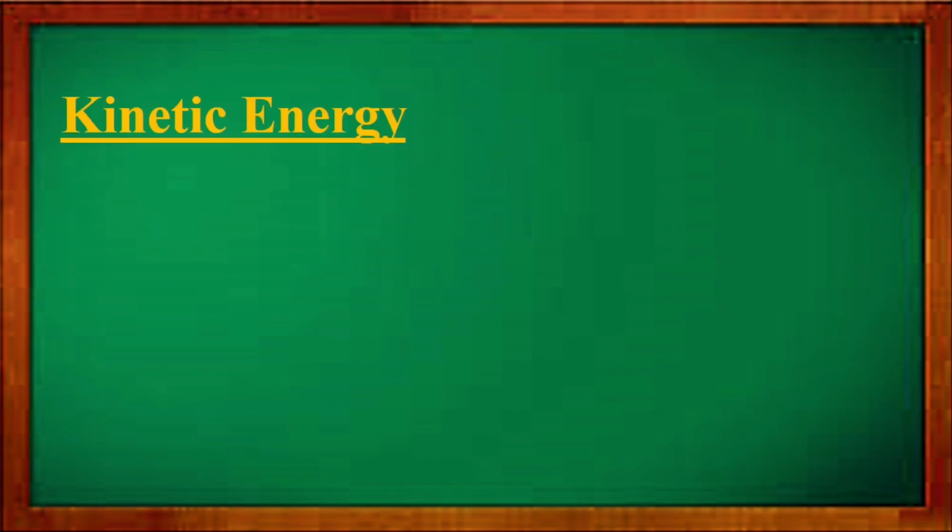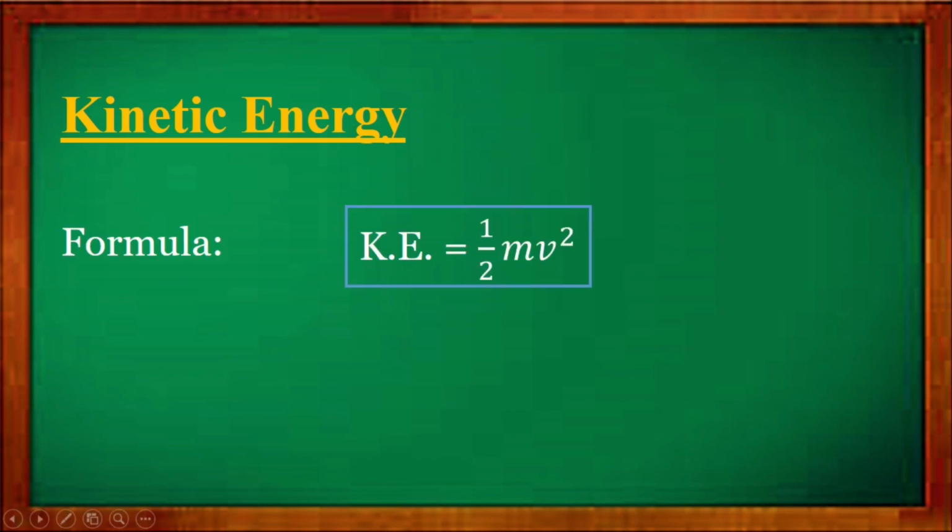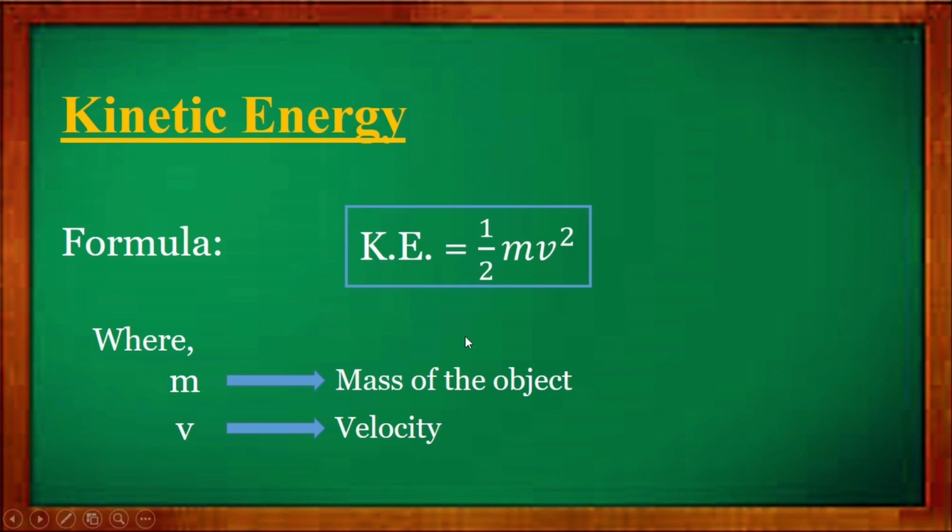If in potential energy, the formula that we are going to use is PE equals M times G times H, in kinetic energy naman, ang gagamitin natin na formula ay KE or kinetic energy equals 1 half times M times V squared. Wherein, our M stands as our mass of the object and V stands as the velocity.